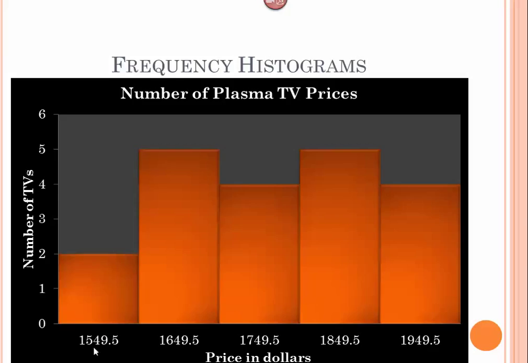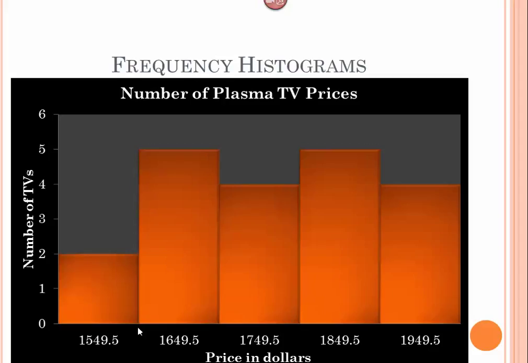Well, this number is actually the average of my lower class boundary and my upper class boundary. If you add 1500 plus 1599 and divide that by 2, you get this number right here. This is our midpoint.